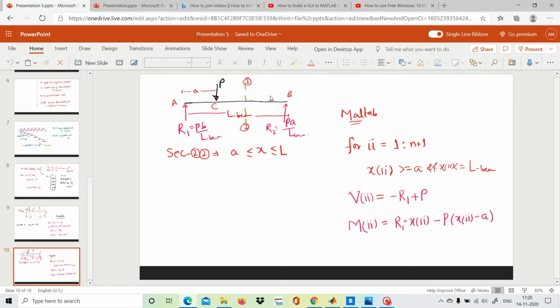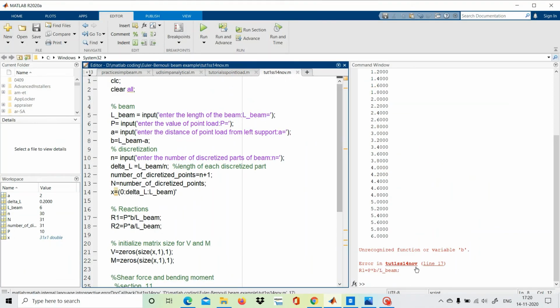Okay, so b is equals to length of the beam minus a. So that value was not there, so it was giving an error.